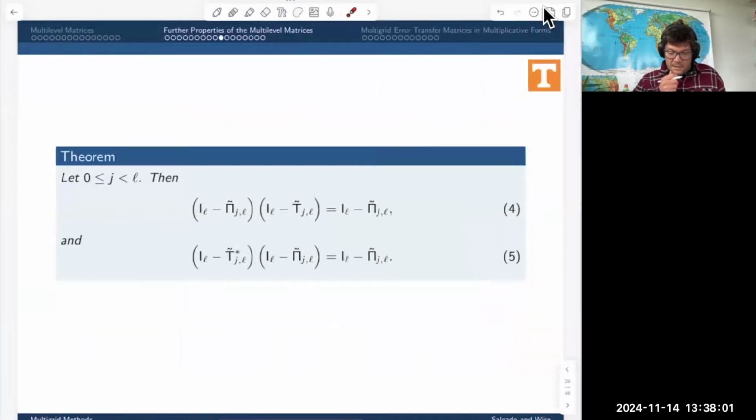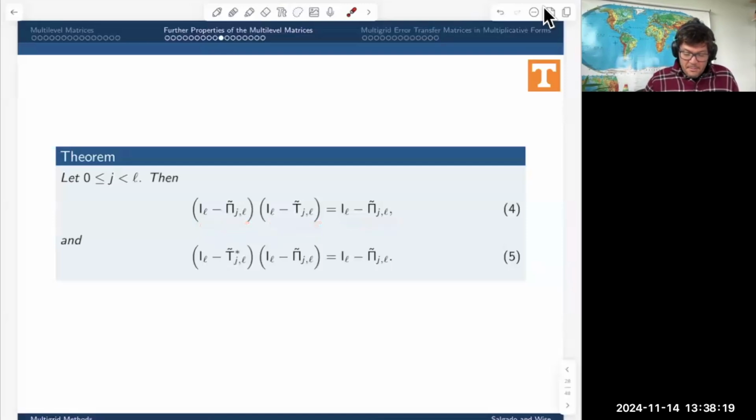Okay, so let's recap what we've proven. If I post-multiply by this matrix here, then I'm just left with this original matrix. This is the error in the coarse grid ridge projection.